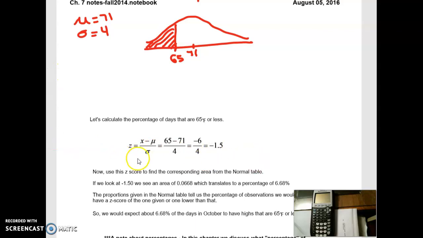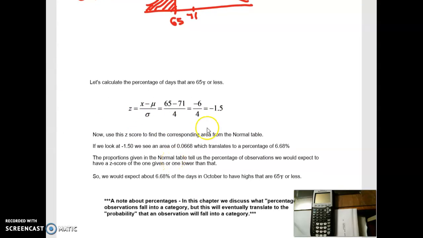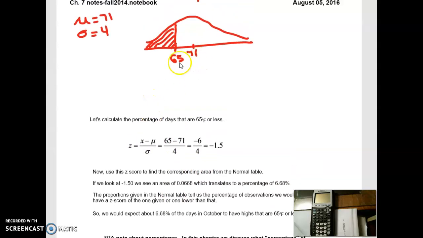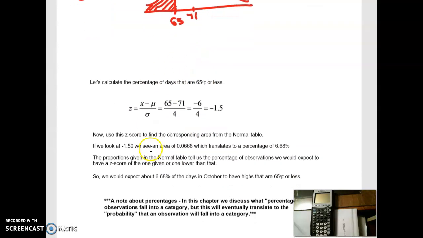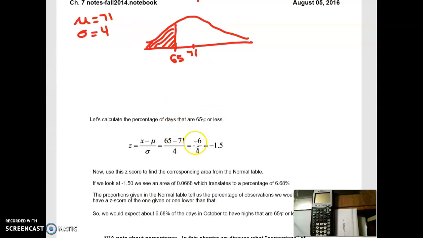Now, here's the setup for it, and it's already typed into your notes. The x is 65. So 65 minus 71, which is your mean, using the z-score formula, divided by the standard deviation of 4, gives me negative 6 over 1, which is negative 1.5. So let me write this in here.